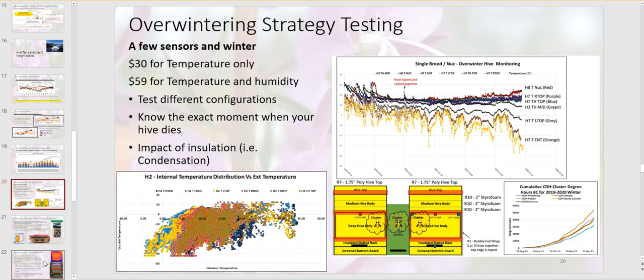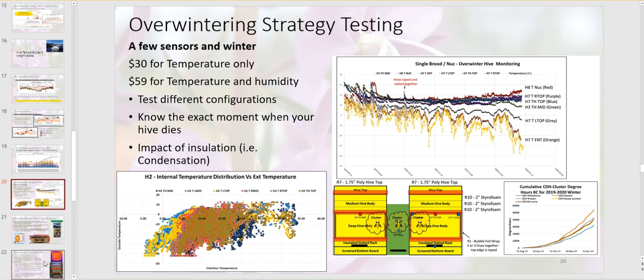On to overwintering strategy. So I purchased a bunch of these sensors and I put some in a double and a single. So my single had 4 sensors across the top of the bars, side walls, and in the center, about a third to the back of the hive. And I had one at the entrance.